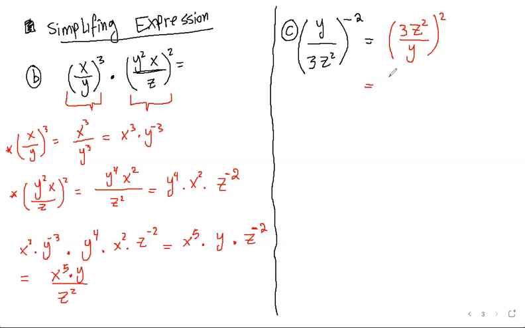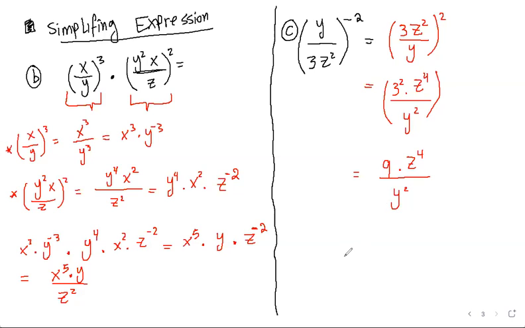You distribute the 2 inside: 3 squared times z to the 4th over y squared. And this is equal to 9 times z to the 4th over y squared.